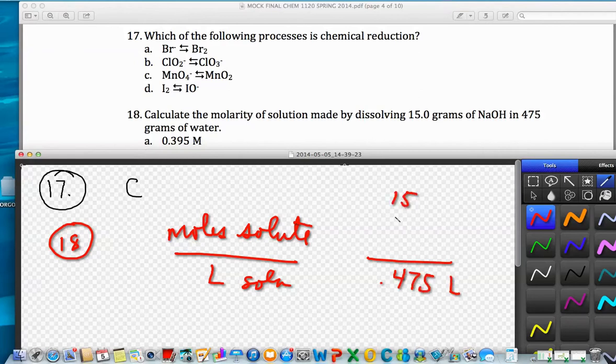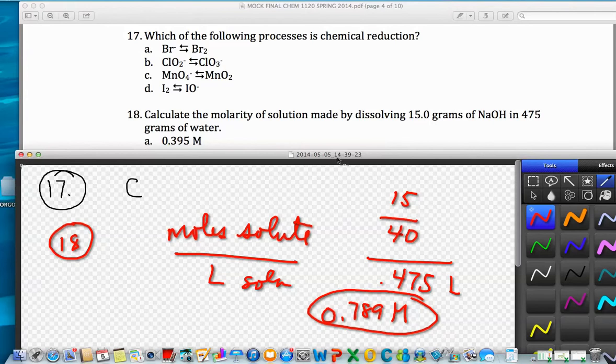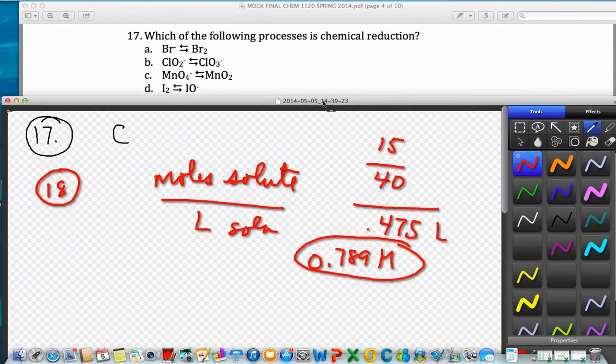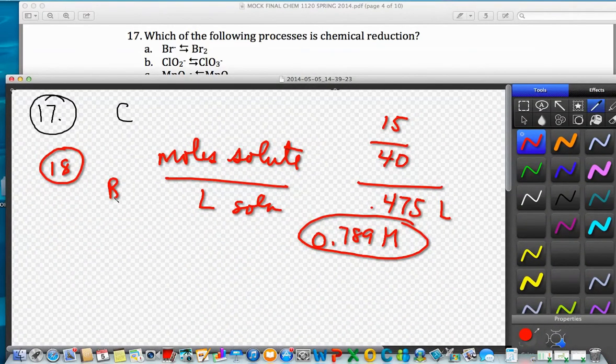And the molar mass of NaOH is 40. So putting these both together, 15 divided by 40 divided by 0.475 gives us an answer of 0.789 molar. And that is answer choice B for number 18.